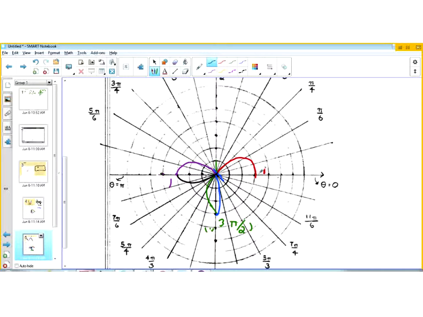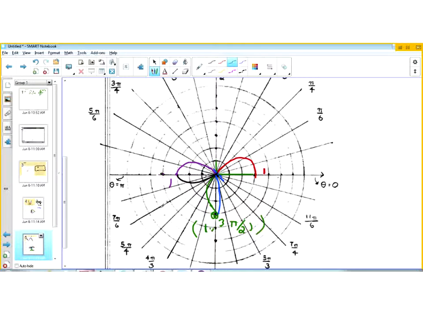So the procedure is you identify 1, like so, and then you rotate it to 3 pi over 2. Okay, so this point right here is 1, 3 pi over 2.